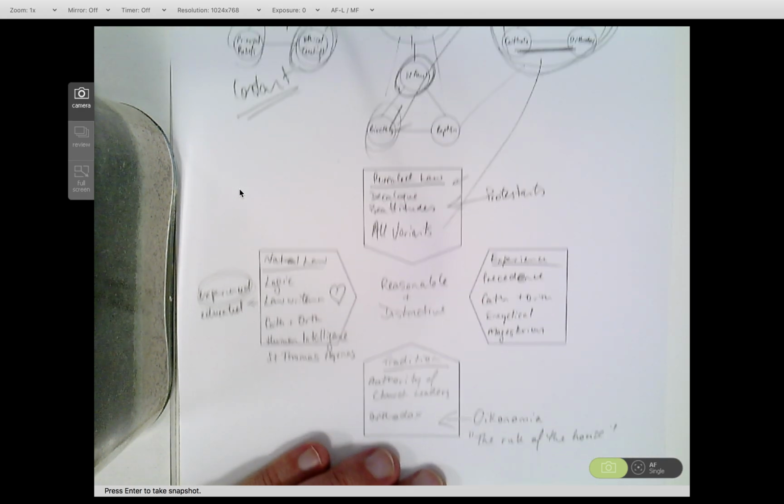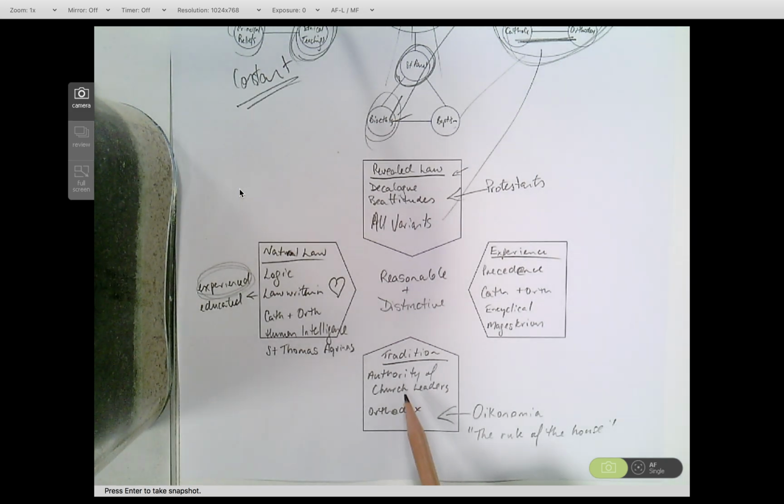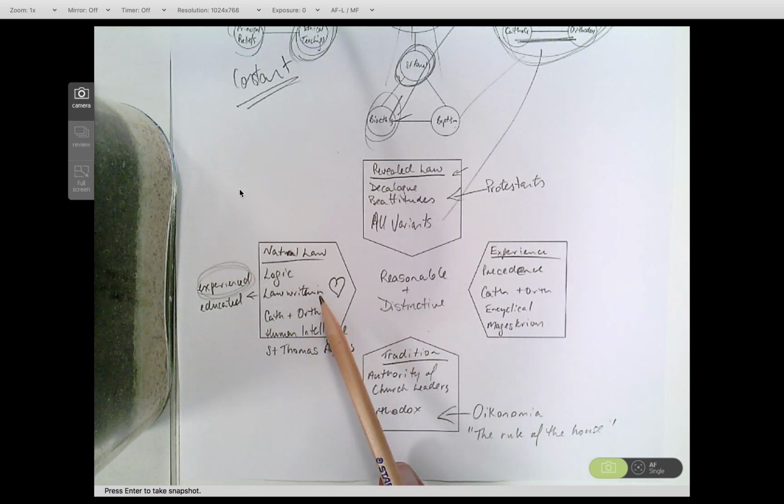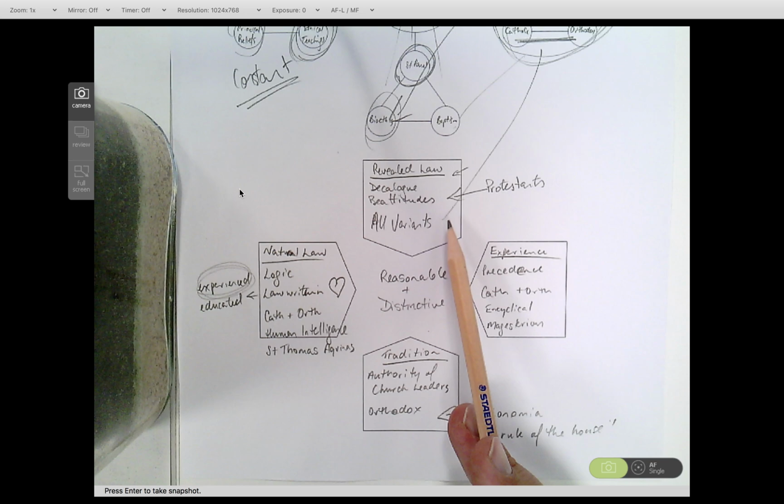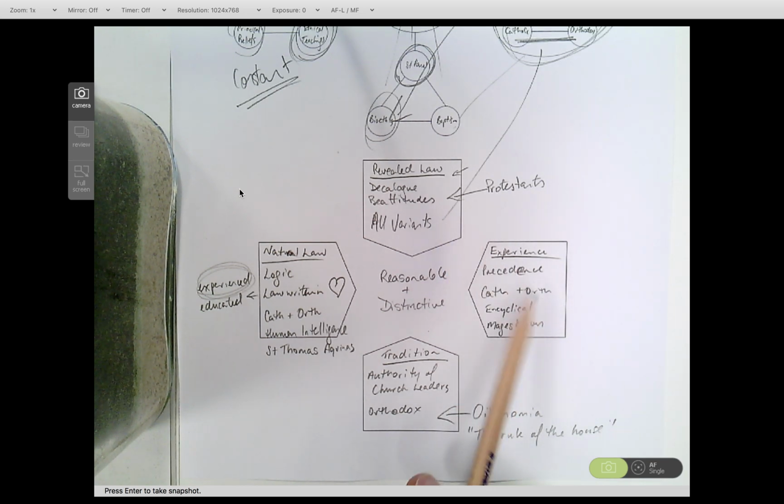Now, this is an interesting one, because if an individual or a couple or a family or whatever it might be had an ethical decision that they needed to make, it wasn't necessarily distinctive in how they should respond, they've got the law in their hearts, they've used what they could try and find in revealed law, and then the experience of the church leaders or the church over however long, and they still couldn't find an answer for their particular situation. They're allowed to go to their priest or their eparch or whoever it is.